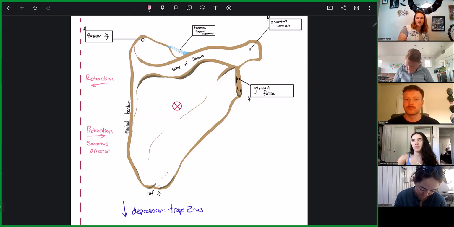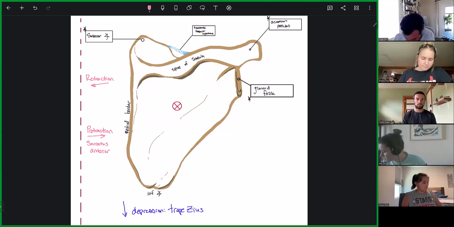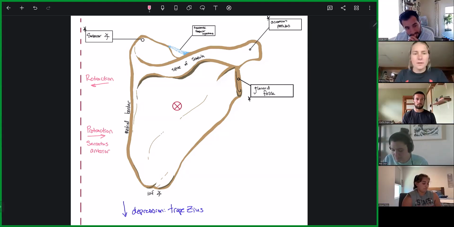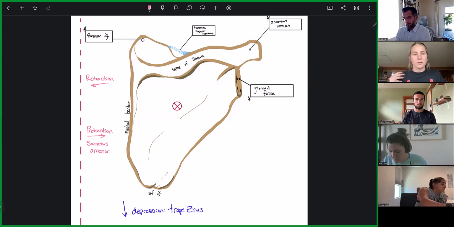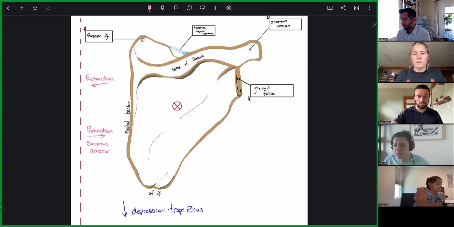Okay. And then, let's see. I have a quick question. Sorry. Yeah. In my head, I guess I was thinking that serratus would retract it because when you shorten it, doesn't it pull it back? Maybe I have my words mixed up. I'm pretty sure retraction is just pulling your scapula to meet midline, and that protraction is to round your shoulders and pull them forward.